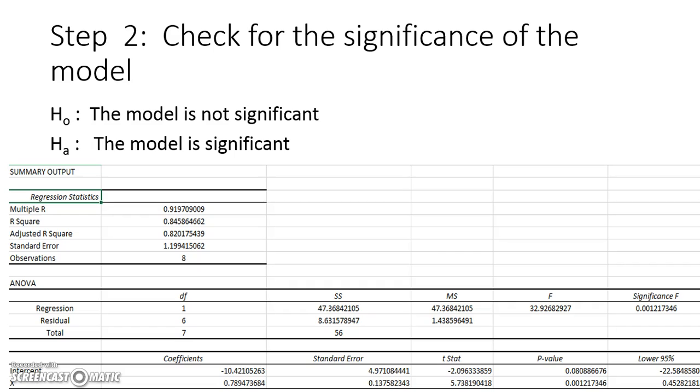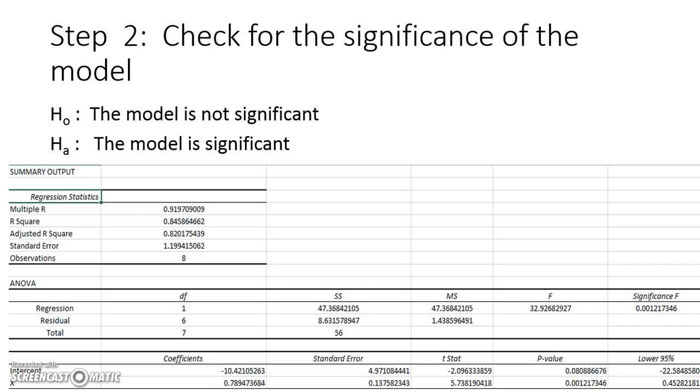When we say significance of the model, we are saying that the coefficients or the parameters should be different from 0. That means there should be an existence of a line equation. So when we say the model is significant, there should be an existence of the line equation.